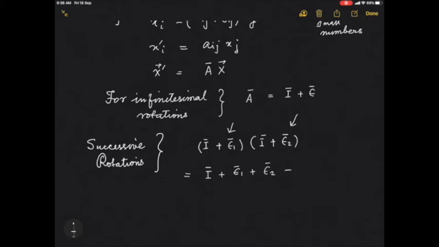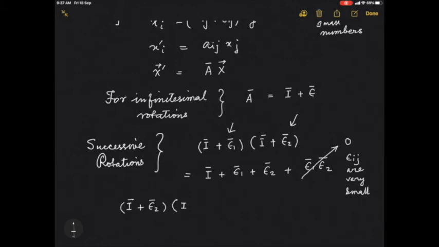Now if I do that, I get I, epsilon 1, epsilon 2, and then epsilon 1 epsilon 2. But this can be set to 0 because epsilons are very small. So we ignore all terms which are above linear in epsilon.